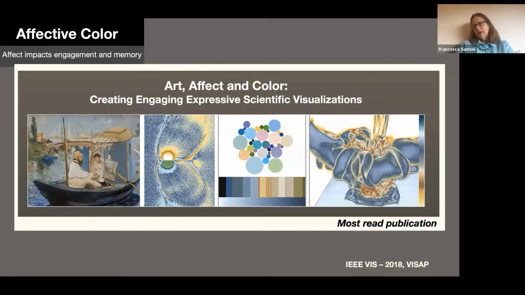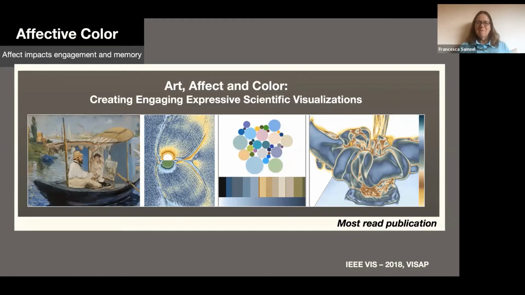How do you affect your viewer, and what is the effect on your viewer? I was interested that one of the organizers requested I speak about affective color. The other strange thing is, I wrote this publication about 2 years ago, and it is by far, multiple times over, the most read publication I have. I'm not sure why that is.